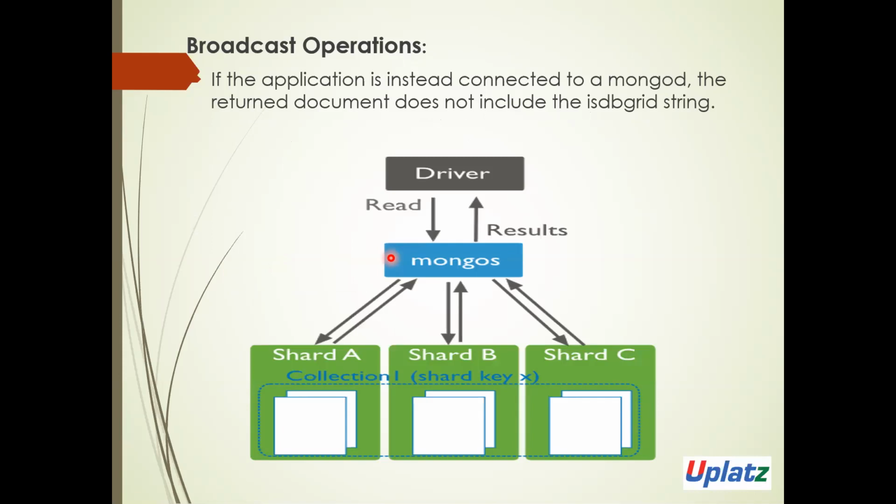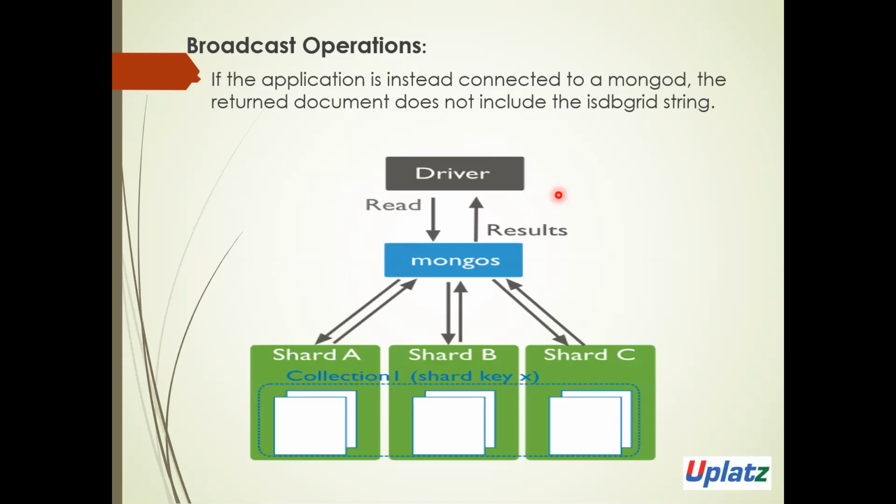If the application is instead connected to a mongod, the returned document will not include the isdbgrid string. While connecting it will have it, but while returning it will not.